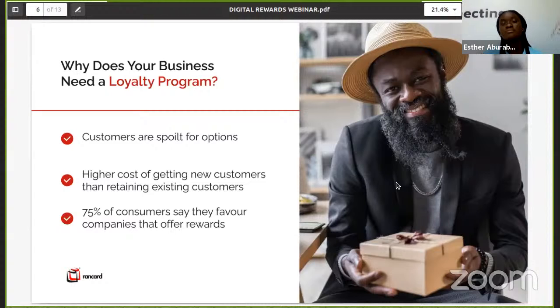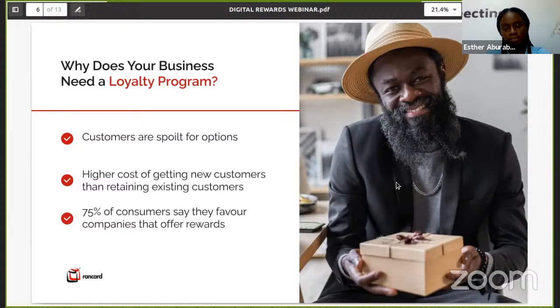And also we realize that maintaining your existing customers is way more cost effective as compared to trying to get new customers on board. So running a loyalty program will ensure that you are bringing in your existing customers all the time, so there's a repeat purchase every time. You're ensuring that your customer lifetime value is sustained, and that you are growing your genuine loyal customer base.